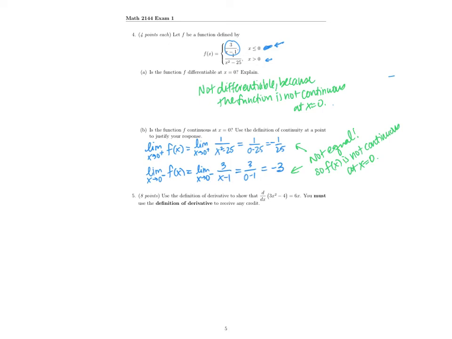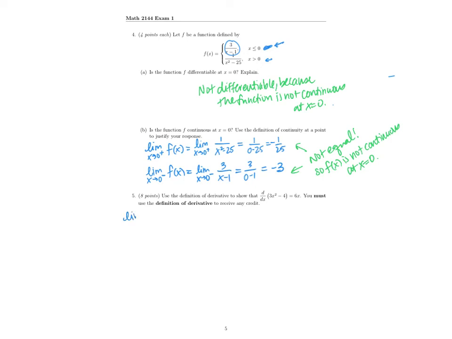On number 5, it says we want to use the definition of derivative to prove that the derivative of 3x squared minus 4 is 6x. And so the definition of derivative is the one where we take the average rate of change as the length of my interval of average rate of change shrinks to 0. And we want to show that that limit is equal to 6x. So here, let me set this up.